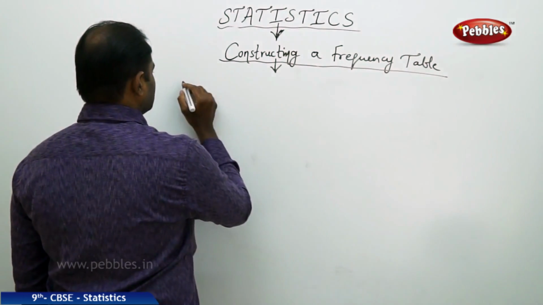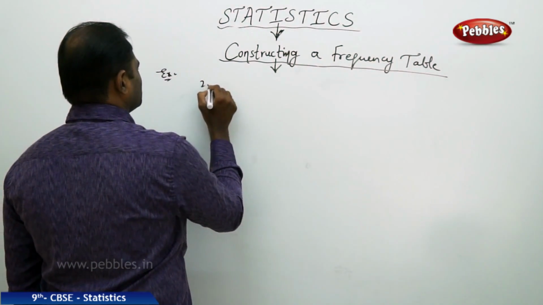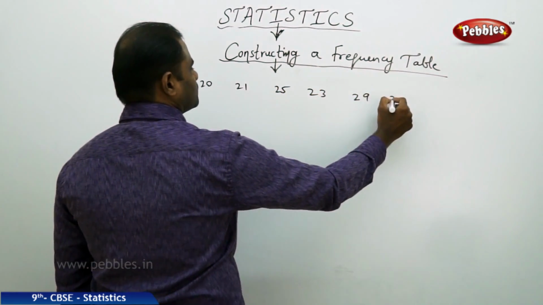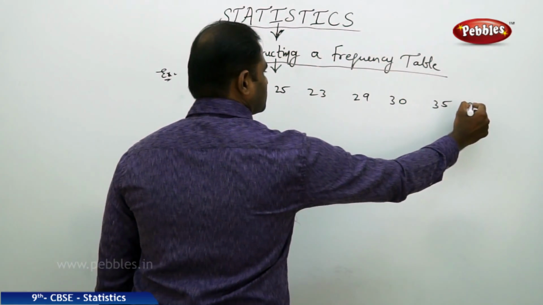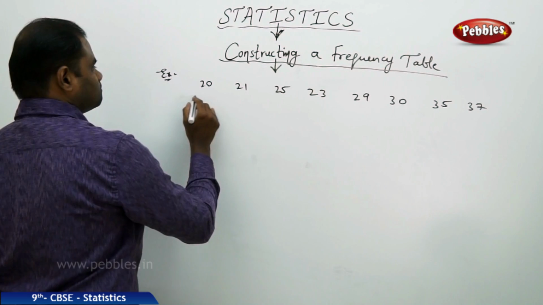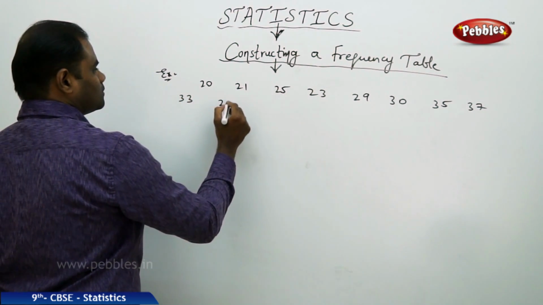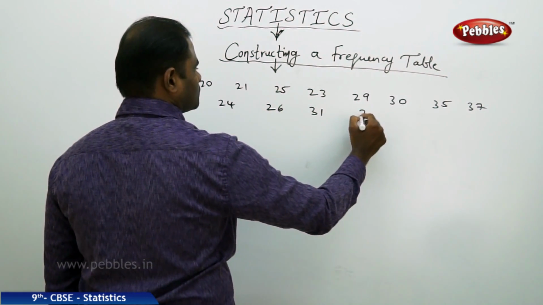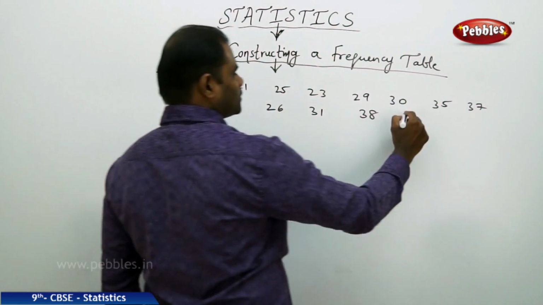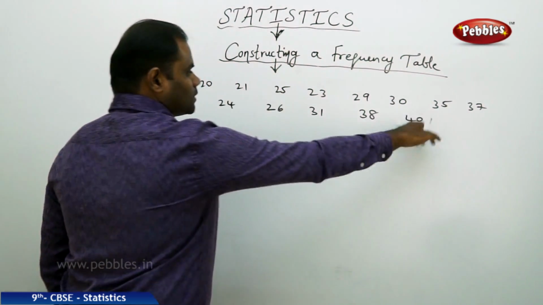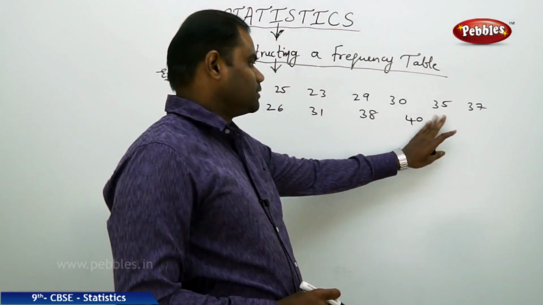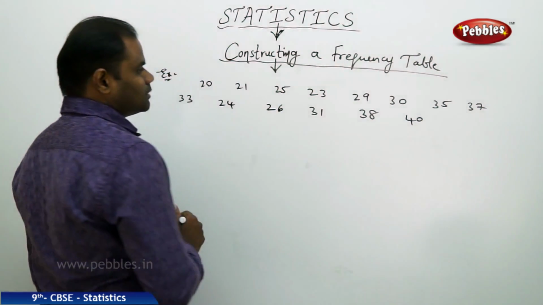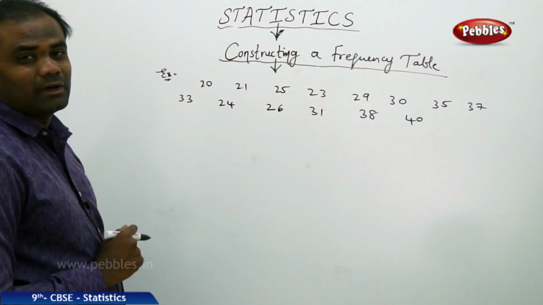For example, I have the data 20, 21, 25, 23, 29, 30, 35, 37, 33, 24, then 40. Say for example, I have this set of data, and then we take the data according to these given values.